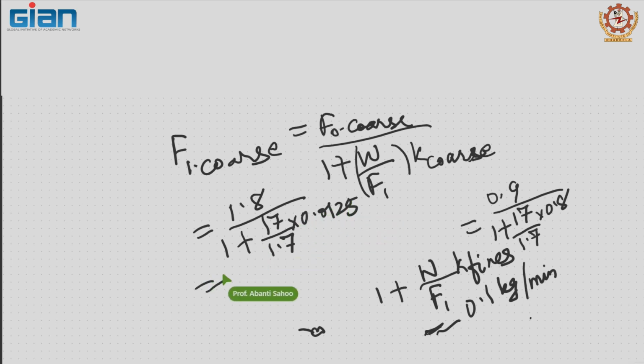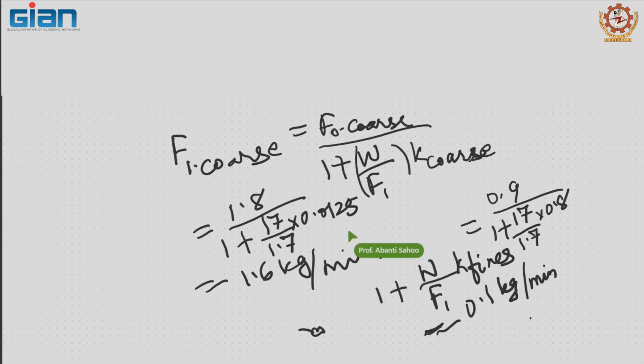So, this is giving 1.6. So, it is coming 1.6 plus 0.1 is 1.7, F1 that we already got by trial and error as 1.7. So, this is matching. So, it is all right, kg per minute we got.